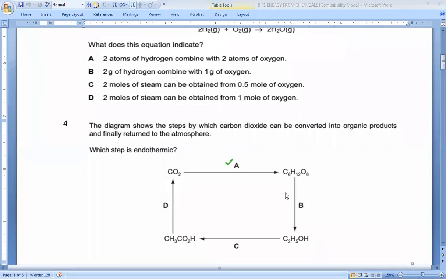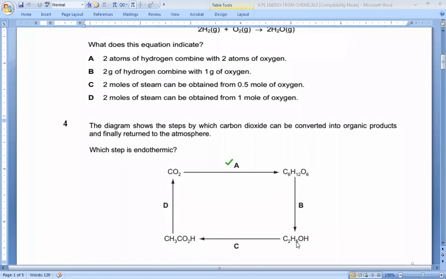Why are options B, C and D incorrect? In organic chemistry, we learn that glucose changes into ethanol, absorbing oxygen and evolving carbon dioxide. This is called fermentation. Fermentation is an exothermic process. B is exothermic.